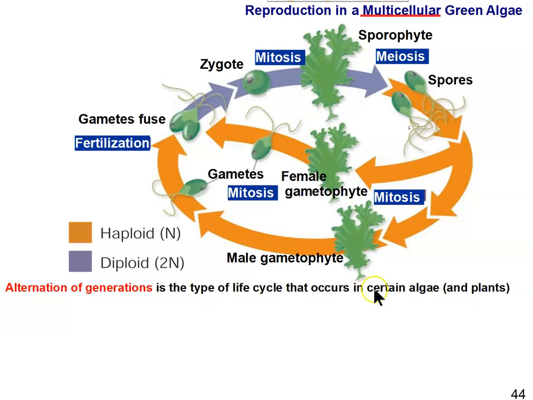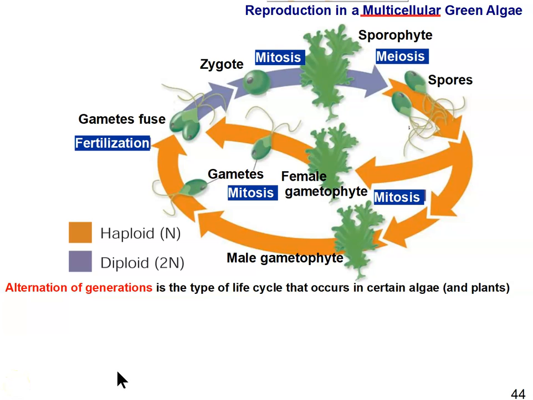And it occurs in certain algae and plants, and that's a significant thing. These are chlorophyte algae, and they're thought to be most closely related to plants. So it makes sense that the life cycles would be similar between these multicellular algae and plants. They both show alternation of generations.